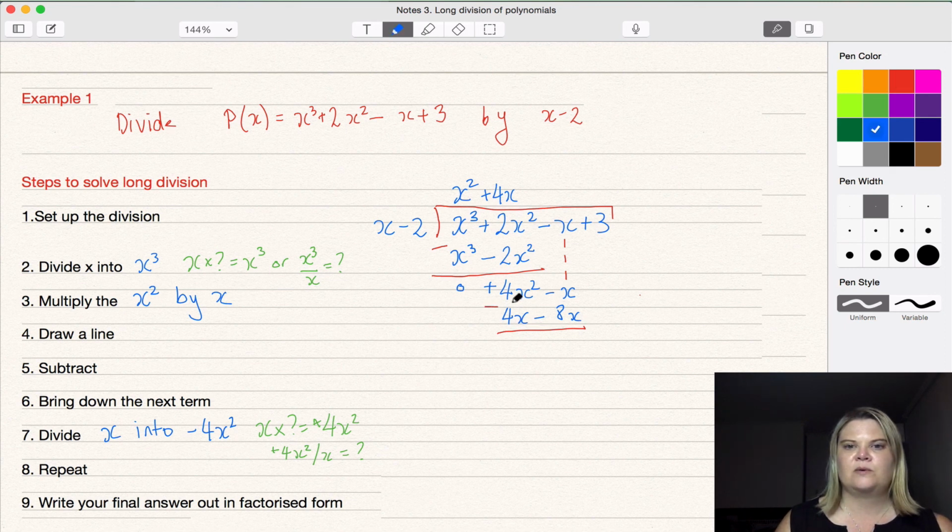Check these two are equal to 0. You don't need to keep writing the 0. I'm not going to write it this time. Negative 1, take away negative 8. So that's negative 1 plus 8, if you like to write it out on the side. Sometimes it helps me. Negative 1, take away negative 8. They turn into a plus. Negative 1 plus 8 is going to be 7x.